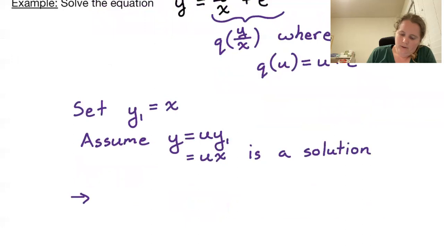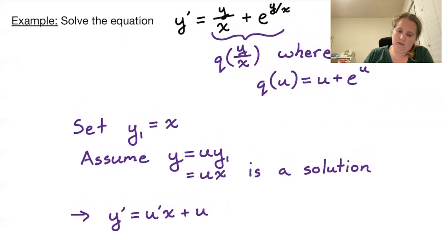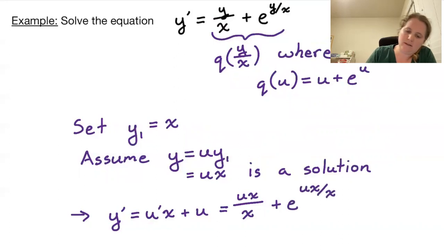We have y prime is equal to u prime x plus u, and this should be equal to y over x, so u times x over x plus e to the u times x over x.